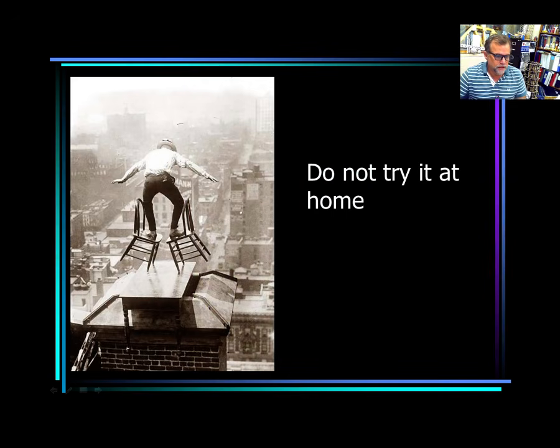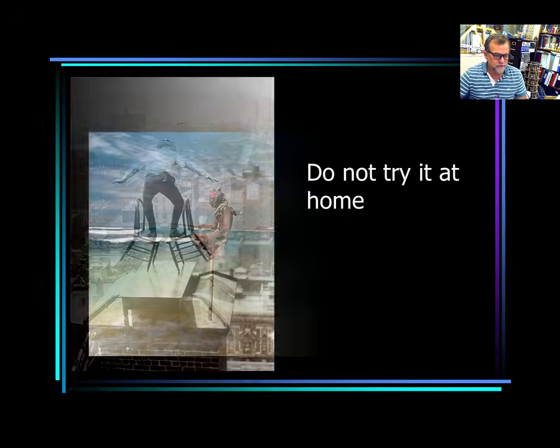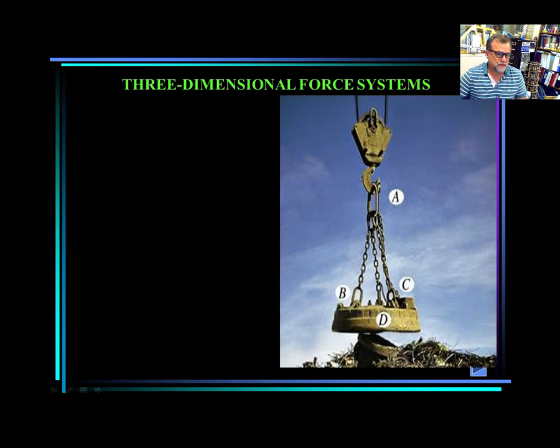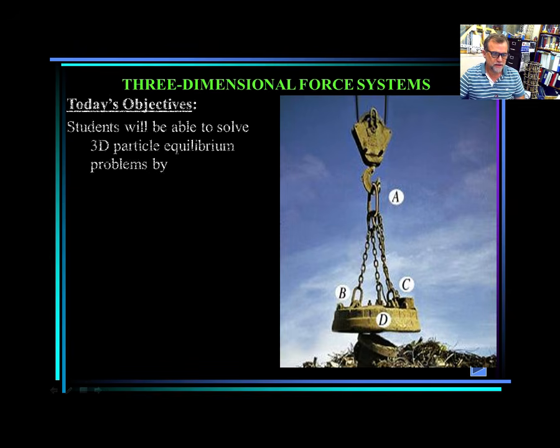You see 3D equilibrium here, examples, but the three-dimensional force system is exactly the same thing. The difference between 3D and 2D is that in 3D, now you have one extra equation because now you have x, y, z. You have a volume instead of a plane, so you have three components.